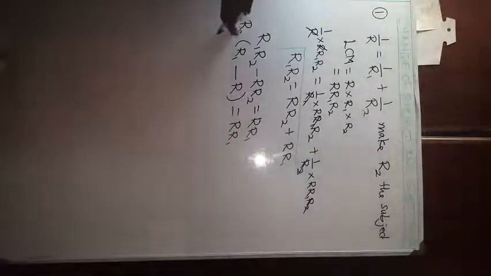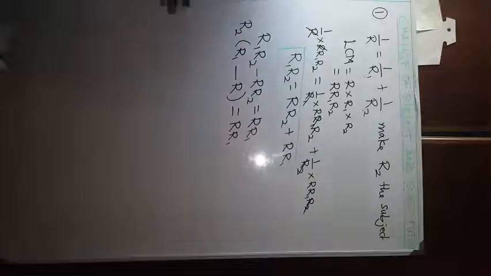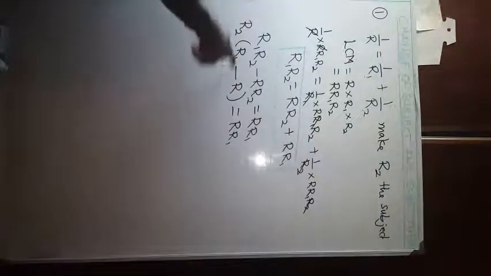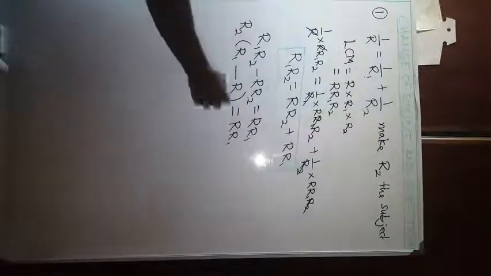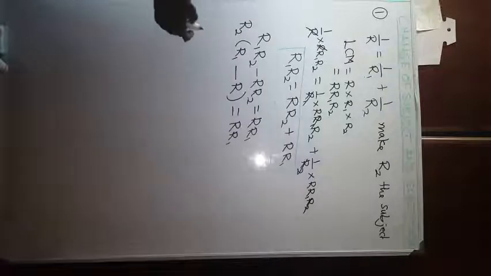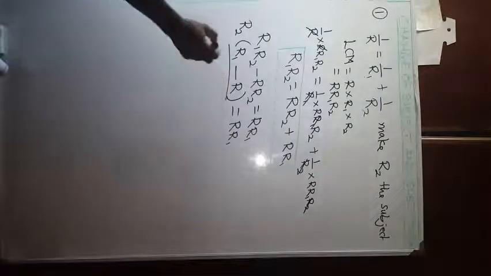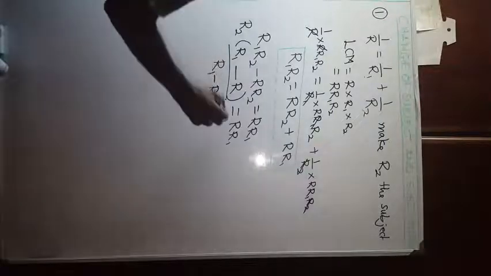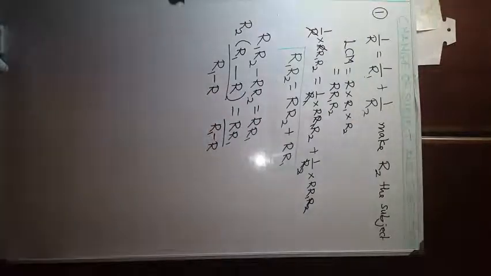Now that I have my r2 out, I can now remove the r1 minus r, and since that is multiplication, I divide both sides of the relation with r1 minus r. That is, I divide here with r1 minus r. I divide the right hand side also with r1 minus r.